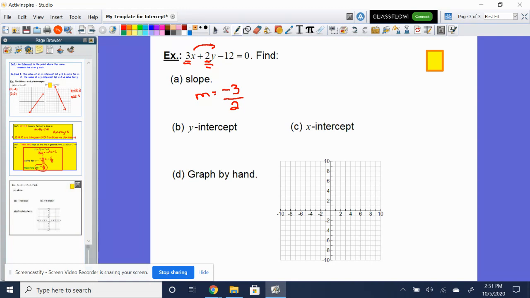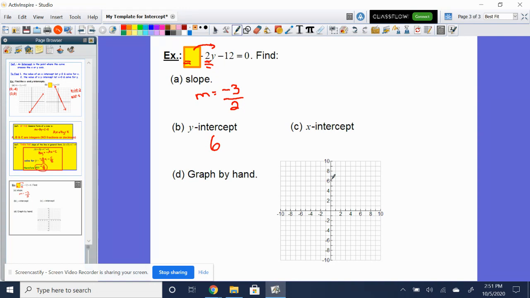Okay, but I want to remember also the y-intercept. Remember, the y-intercept is the value of y when x is 0. So we cover this up and we say, okay, 2y minus 12 equals 0. Well, that means that 2y equals 12, so 2 times 6 would be my y-intercept.